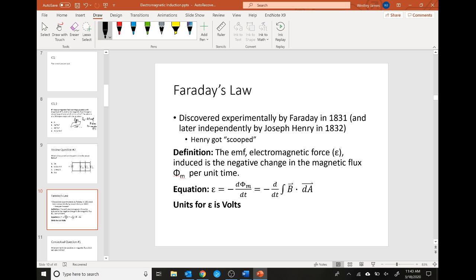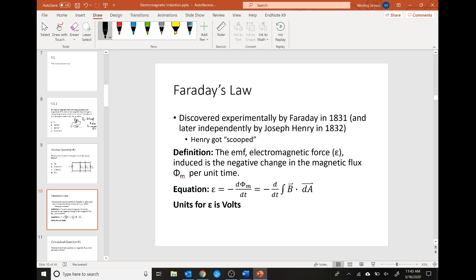Voltage we've described as being a separation of positive and negative charges, whereas this is actually due to a change in magnetic flux. Because it's due to a different mechanism, it gets a different name, but really it behaves exactly the same. It's equivalent to voltage.